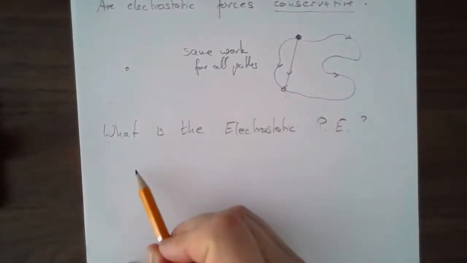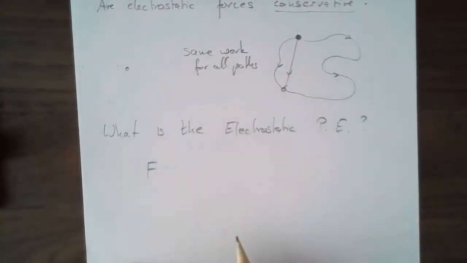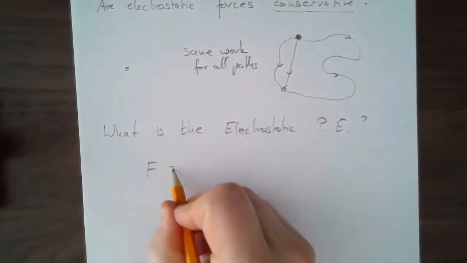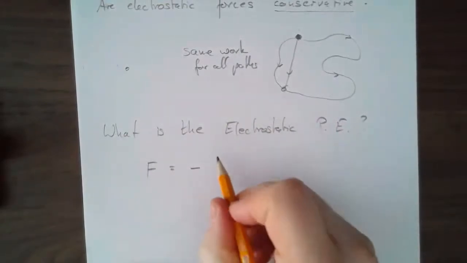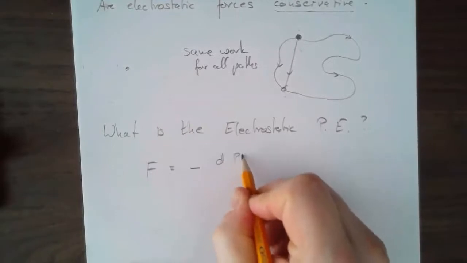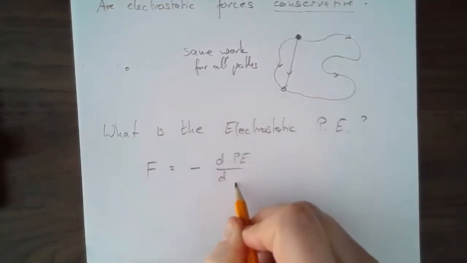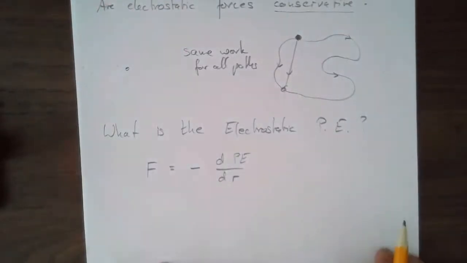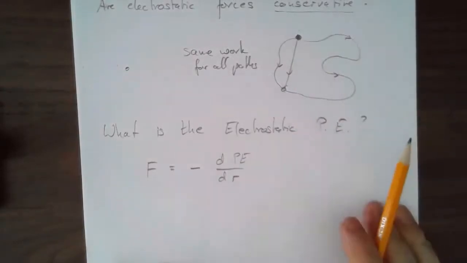But we can also do it in a more intuitive way, and what we have to remember is that the force is the downhill gradient of the potential energy. Then I will put my position variable here. I'm going to put r here because I'm going to think about the example of two particles interacting.